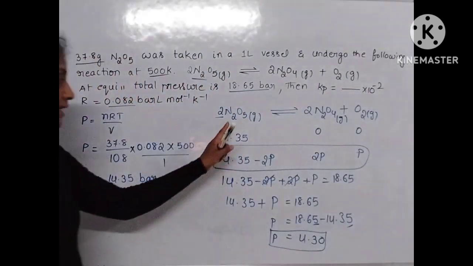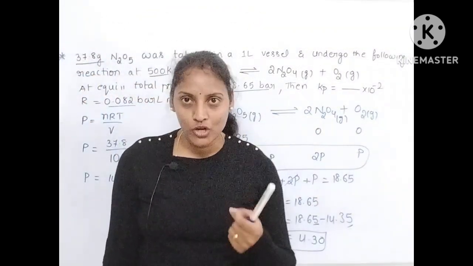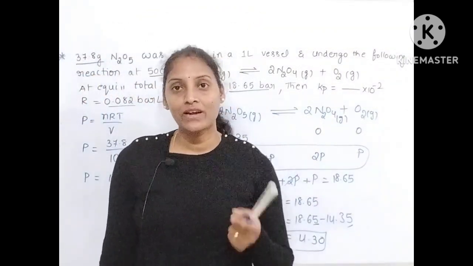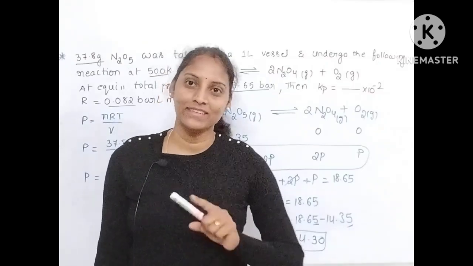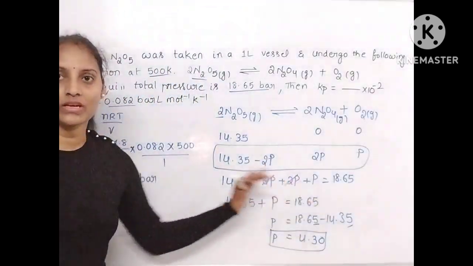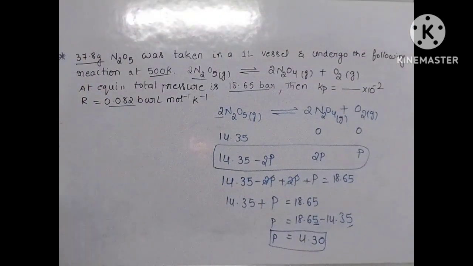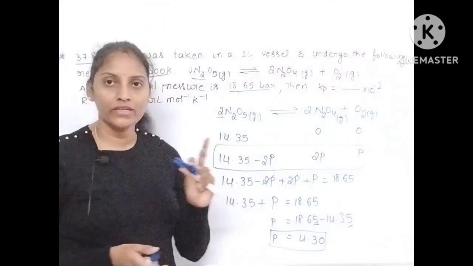Then you will get the pressure of N2O5 at equilibrium, the pressure of N2O4 at equilibrium, and also the pressure of O2 at equilibrium. So by taking this P value, you can calculate the individual pressures.